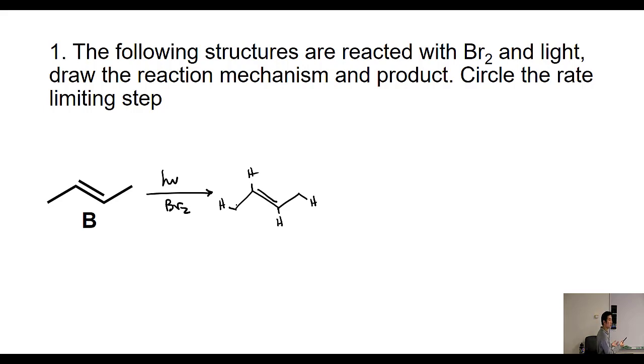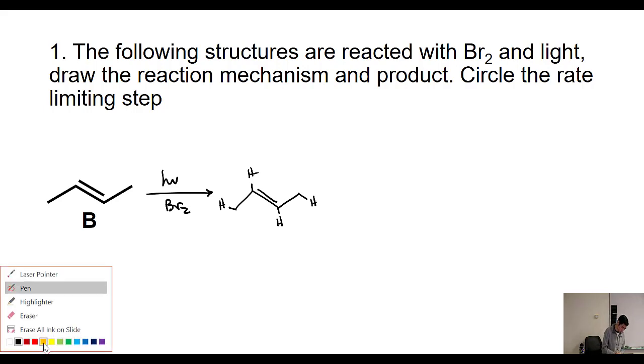Yes, so what happens is resonance allows me to spread that extra electron density over a greater area. Okay? So when I talk about radicals, I'm actually lacking electrons, but it works in the same way. When I lack electrons, I want to spread that lack of electrons over a greater area. So with radicals, it's more stable if I can get it into a place where I can resonate.